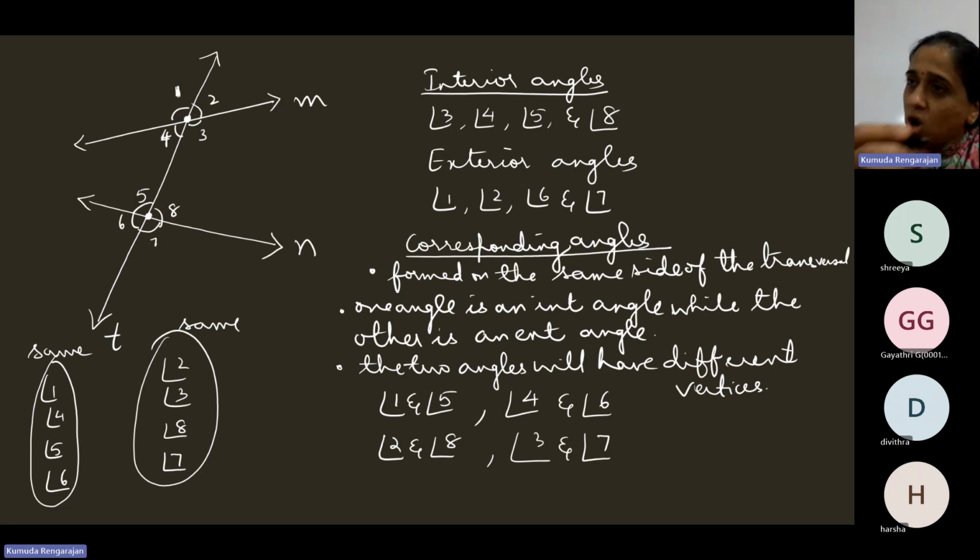Even if M is not parallel to N, angle 1 and angle 5 are corresponding angles, but they're not equal. Angle 4 and 6 are also corresponding angles, not equal, because the lines are not parallel. But all these relations are formed when two lines are intersected by a transversal.